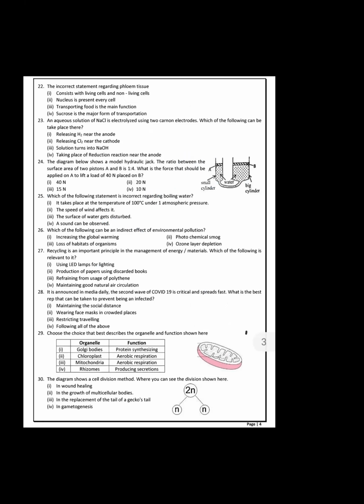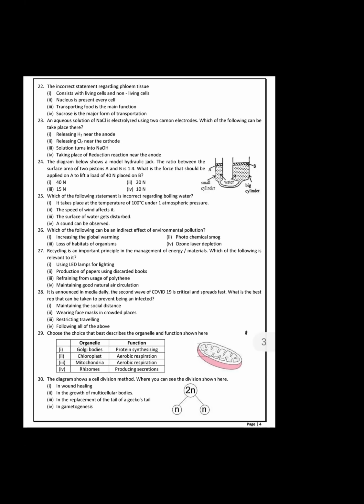What is the best step that can be taken to prevent being infected? Maintaining social distance, wearing face masks in covered places. Third one, restricting traveling, and the following: all of the above. Yeah, all of the above. Okay, next we move on to 29.